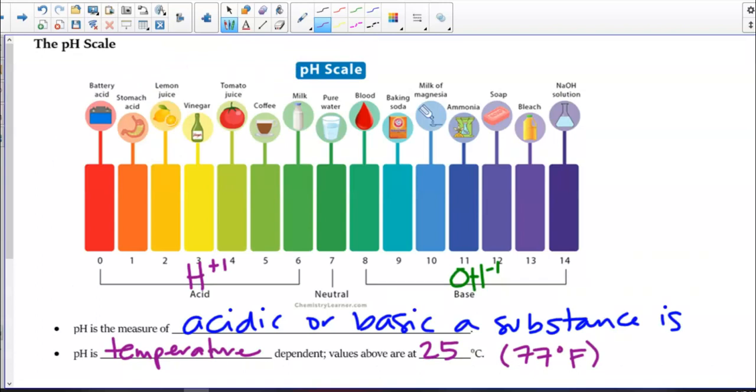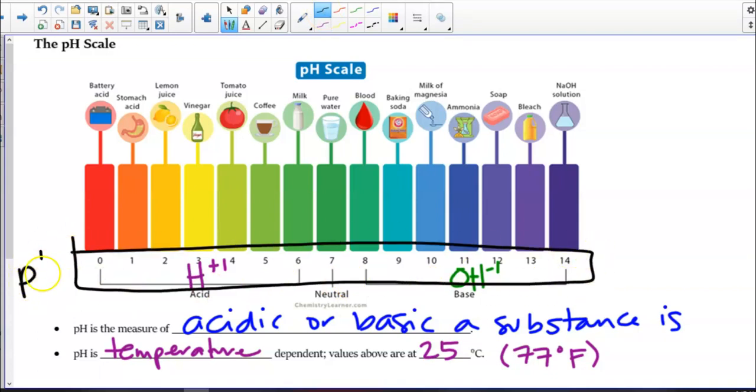So I'm going to add this into this part. So this scale right here, this is our pH scale, okay? pOH is the opposite. So pOH at 0 is 14, okay? At NaOH in this case, or 14, it would be 0, and 7 is still in the middle.